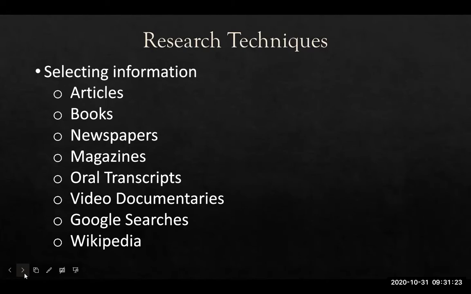Another source you can get is from newspaper articles. Now, you also have to be careful about newspaper articles, because once again, they're a perspective, they're an opinion a lot of times. But here's the neat thing about newspaper articles. If you're doing a research paper on, let's say, something historical, and it happened back in maybe the early 1900s or the 1800s, newspapers are a really cool source of what was going on in society at the time that event happened.